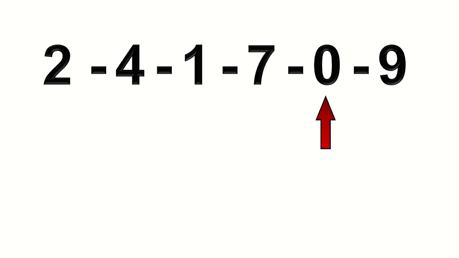And then by comparing number 1 with number 0, we have 0 as the smaller number. And finally, by comparing number 0 with 9, we have number 0 as the smallest number.